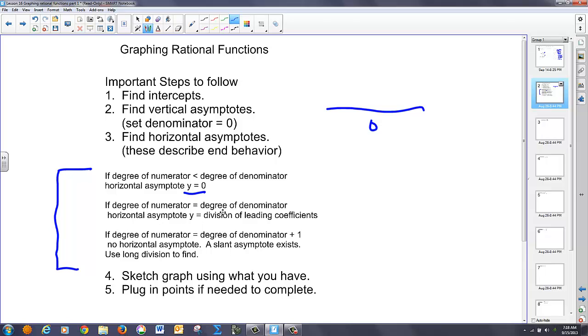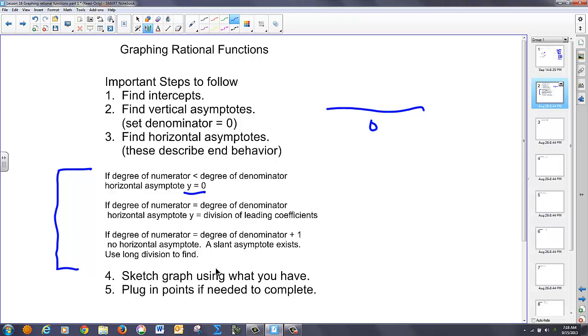If the two degrees are equal, then you're going to divide the leading coefficients in each to get your horizontal asymptote. And if you have a degree in the numerator one greater than the denominator, there's not going to be a horizontal asymptote, but something called a slant or oblique asymptote, which we'll talk about tomorrow in part 2 of this discussion.